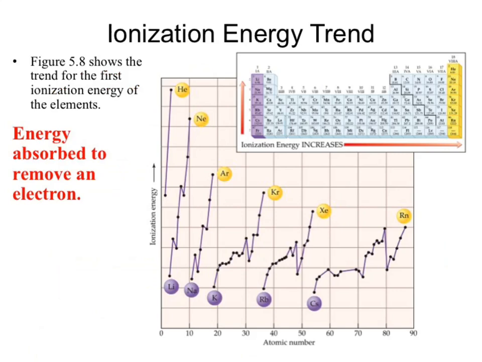As we move from left to right, so lithium to neon, what happens to our energy? It increases. Okay, and the reason we said was there's more protons, more positive charge in our nucleus. And our electrons are going in at the same effective distance, which means they're held a little bit tighter because they can't get further away.